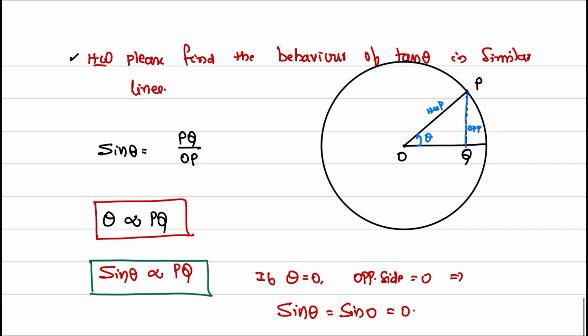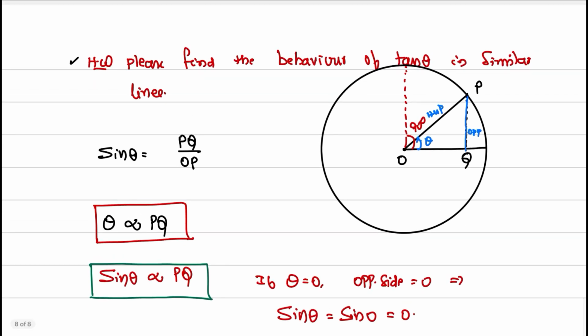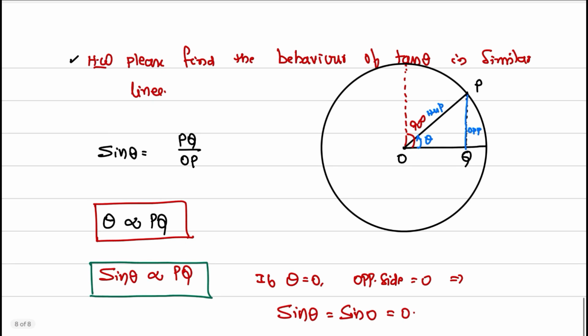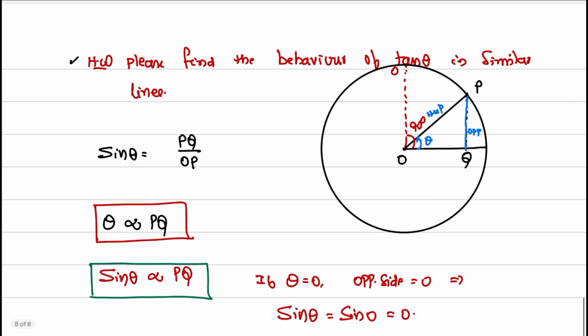If theta is 90 degrees, the opposite side will be equal to the hypotenuse, because the hypotenuse and opposite side will be the same. OP is the hypotenuse, the P moves here, let us say P dash. OP dash is the hypotenuse.